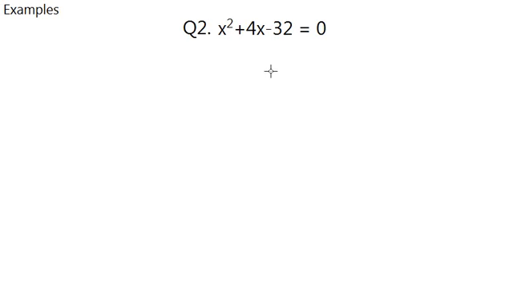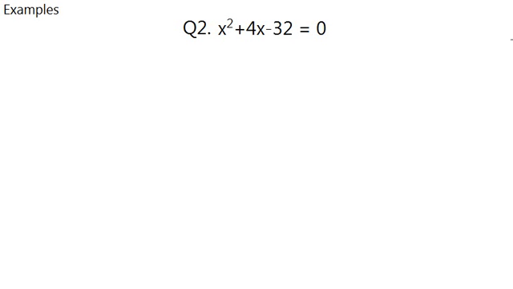So now for the second method, which is the completing the square method. This is the exact same equation, but we have already got the answer, so we can check if this answer is correct or not. So what is completing the square? You might have heard that before.